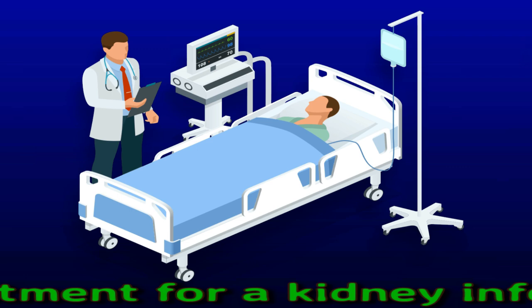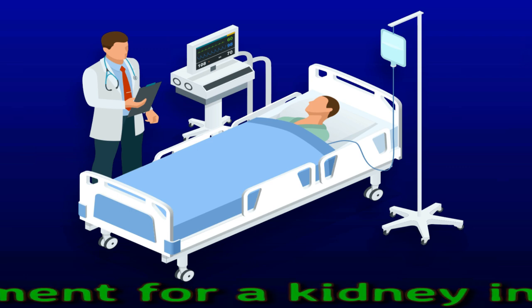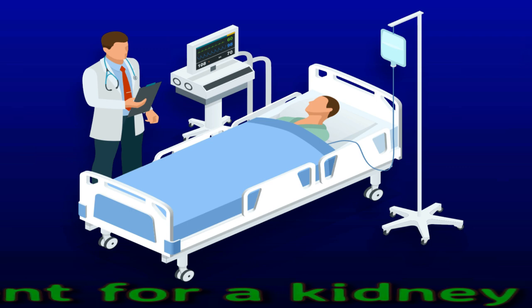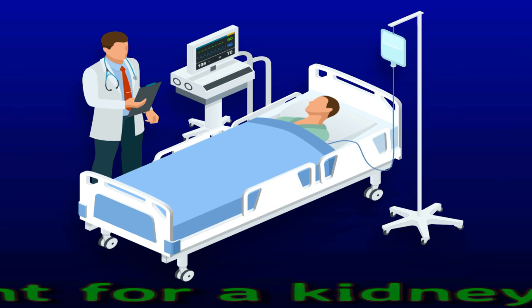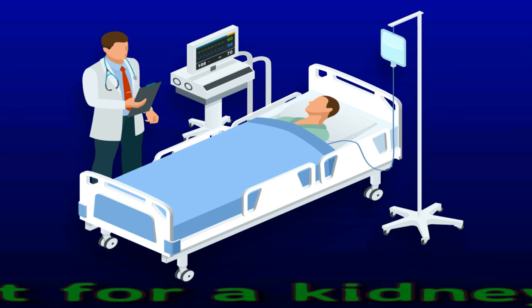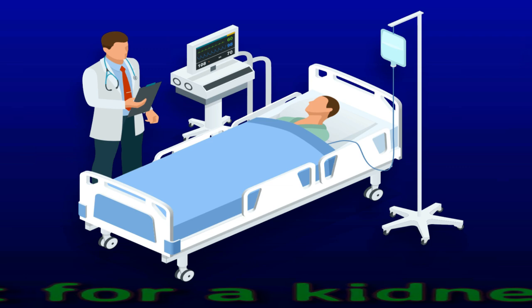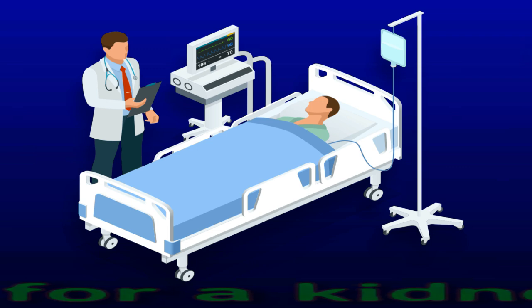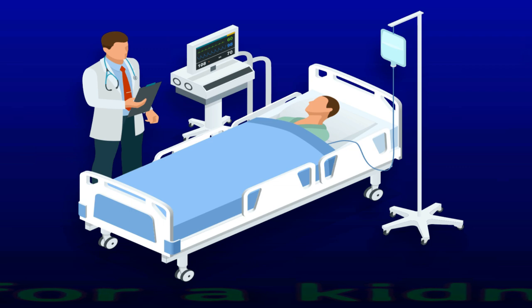If a person experiences dehydration, fluids may be administered with a drip. According to the National Health Service, people will stay in the hospital for 3 to 7 days. Surgery. A person who has a kidney stone or enlarged prostate that is blocking their urinary tract may require treatment through surgery.